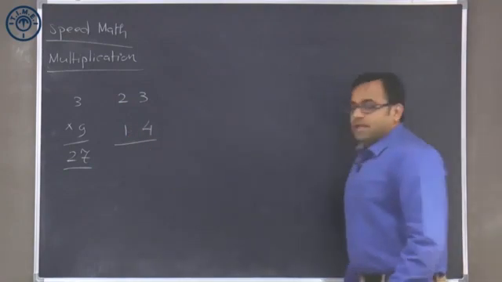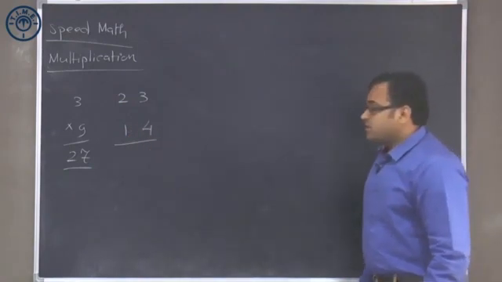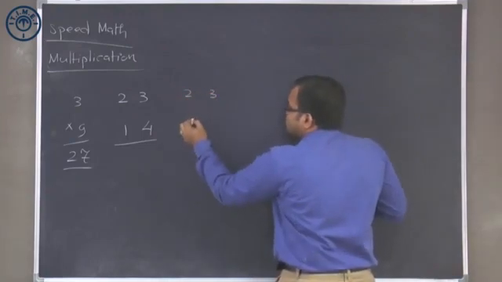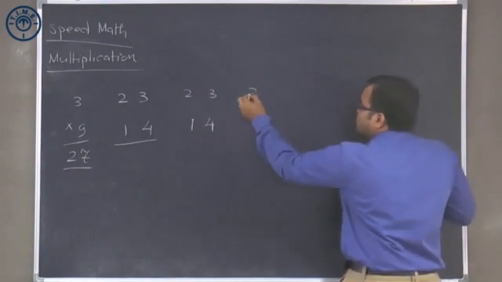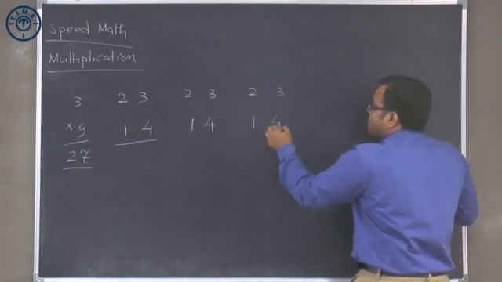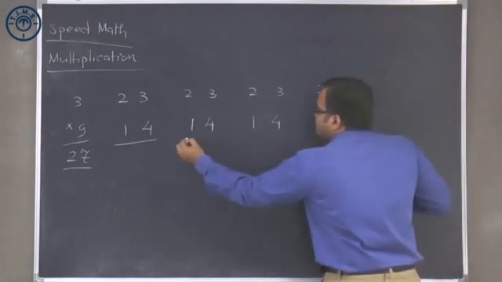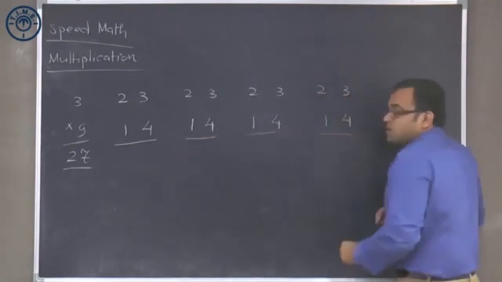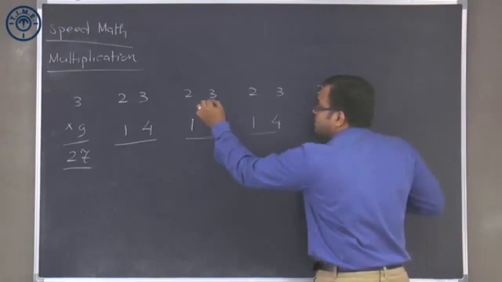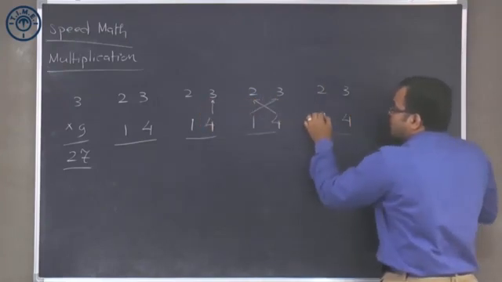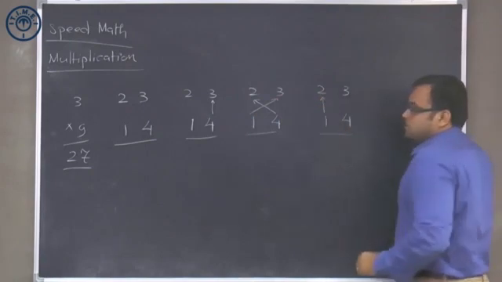In order to multiply 23 with 14, let me write this way. First I'll multiply these two, then I'll multiply these two, and then I'll multiply these two.